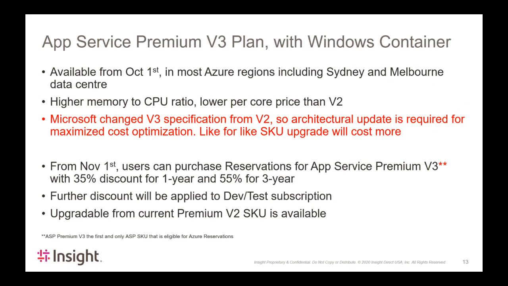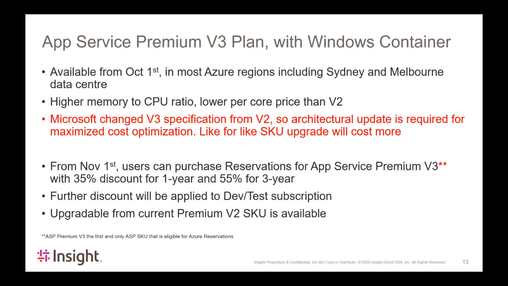It got higher memory to CPU ratios compared to the traditional v2, from 1 to 2 to 1 to 4. So you got higher memory and a lower price per CPU core. I need to call this out, it's a lower price per CPU core, which doesn't mean a lower price per SKU.